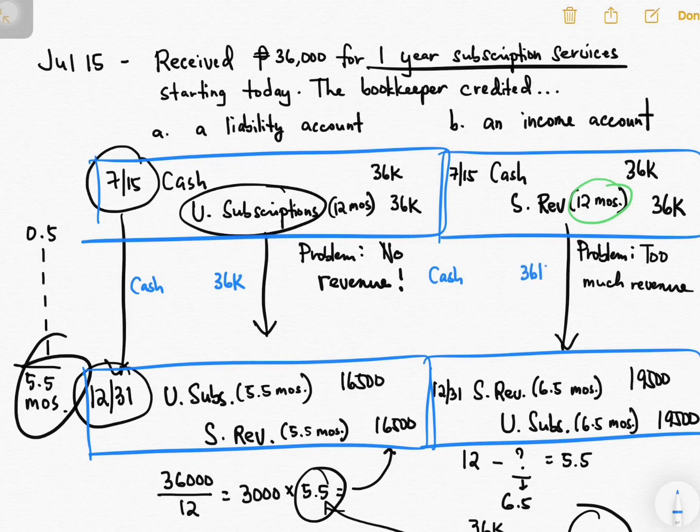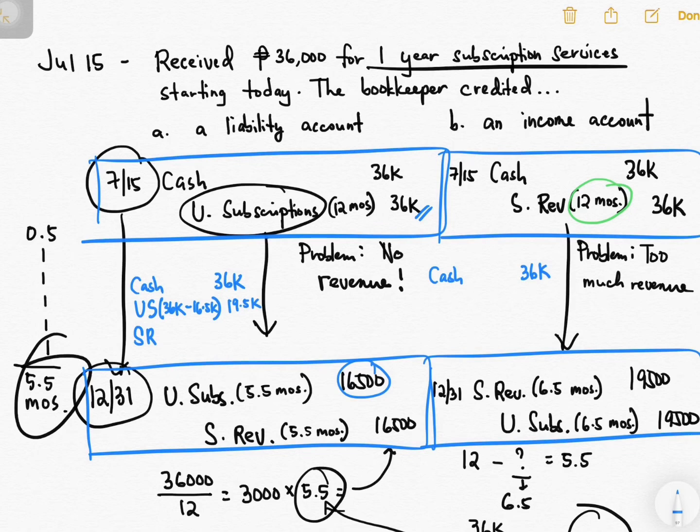Cash is also 36,000. How about the unearned subscriptions? For the unearned subscription, here you have 36K. But then you reduce it by 16.5K. What's the answer here? It's 19.5K.